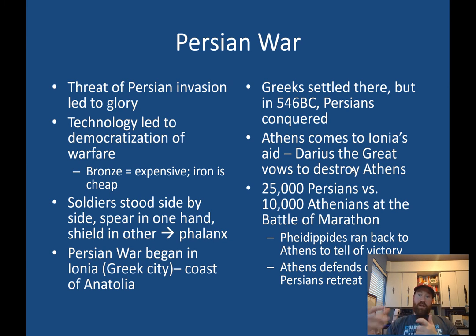And surprise, surprise, due to its cheaper weapons and better military strategy, the Athenians win, right, in this kind of underdog upset victory, right? They're outnumbered 2.5, almost 3-1, right? So that means that for the Athenians to win, each one has to basically take out 3 guys. And you see that they are successful.